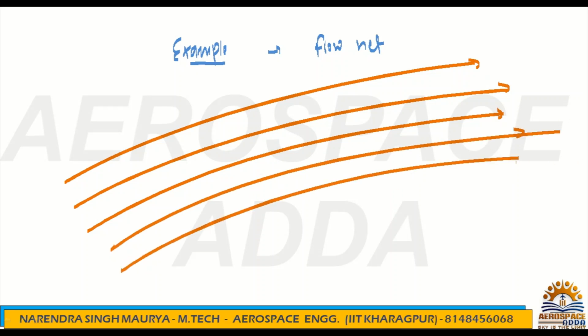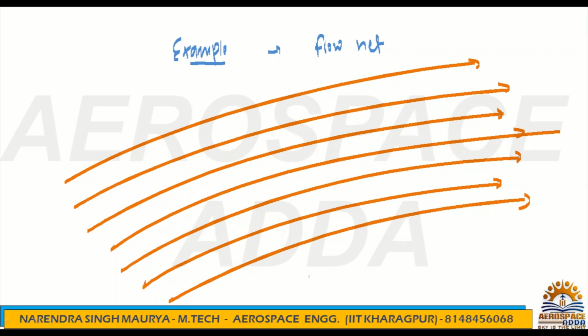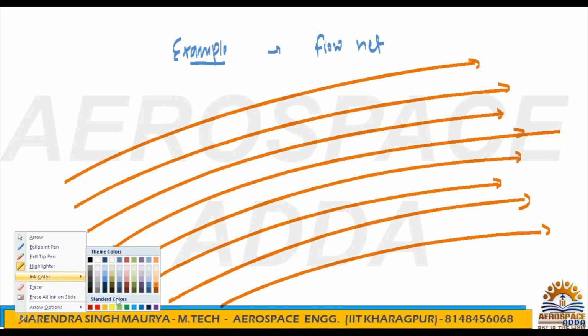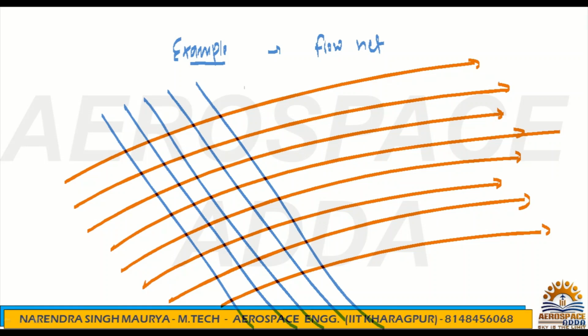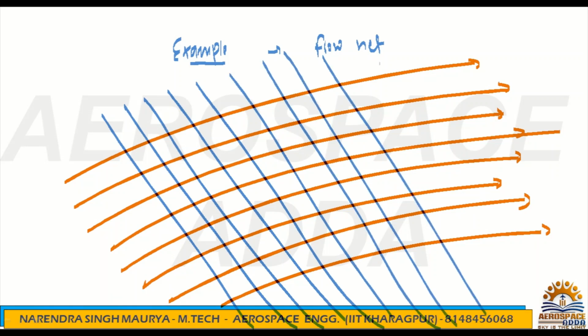These are the streamlines, multiple streamlines. Drawing a series of equipotential lines and streamlines is known as a flownet. So this grid you are getting now, phi 1, phi 2, phi 3, is nothing but a series of equipotential lines and streamlines. These are called a flownet.